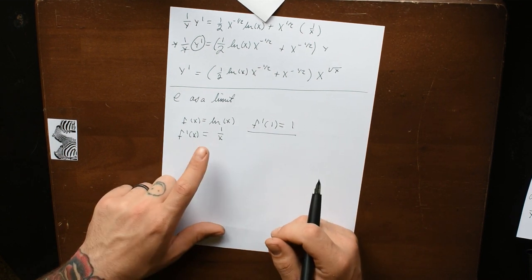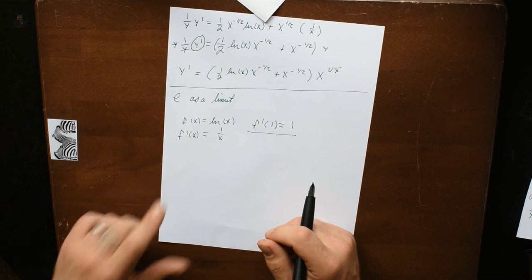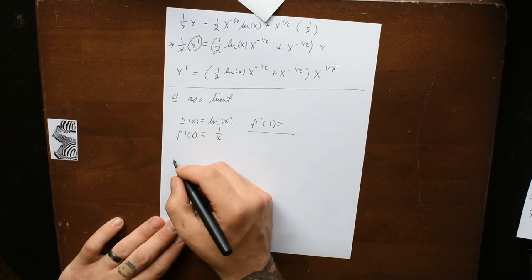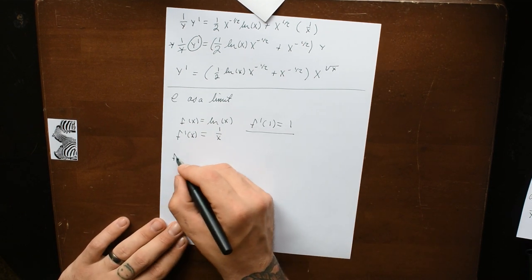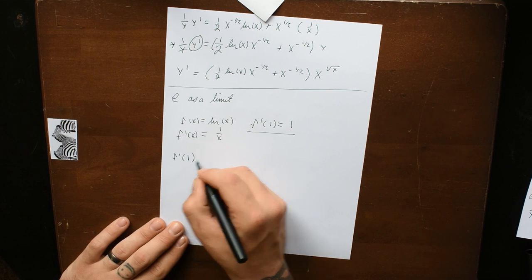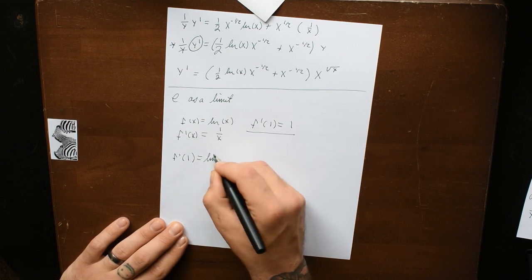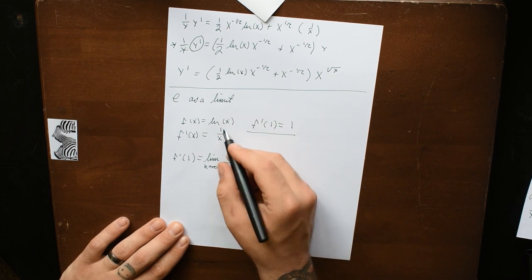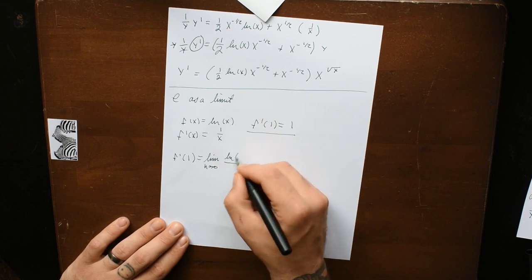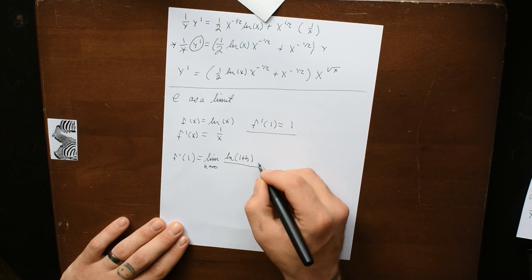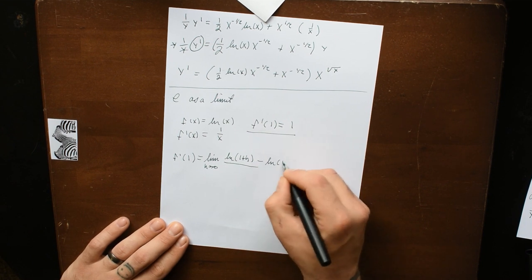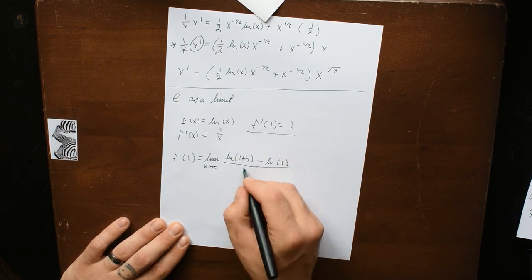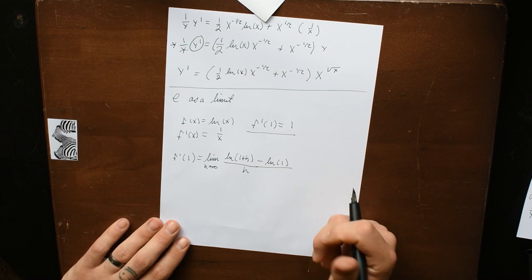But now let's use the limit definition for the natural log of x. We know that f prime of 1 is equal to the limit as h goes to 0 of f of 1 plus h, the natural log of 1 plus h, minus the natural log of 1, all over h.